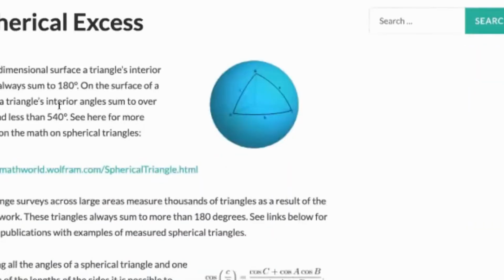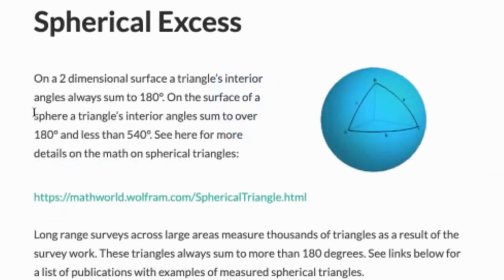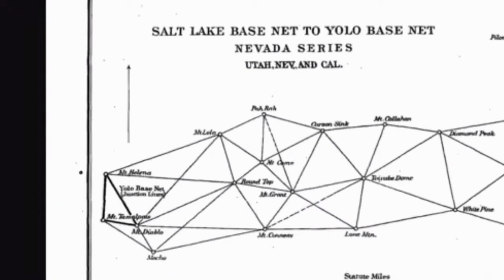I have on my website at mctoon.net/SE a whole bunch of information about spherical excess, where it shows all these different triangles that they measured. And here is the actual raw data. If you look here at any one of these particular triangles, number one, we'll just start right there. If you look over in that column to the right that I've highlighted in blue, you can see the column that says spherical excess.